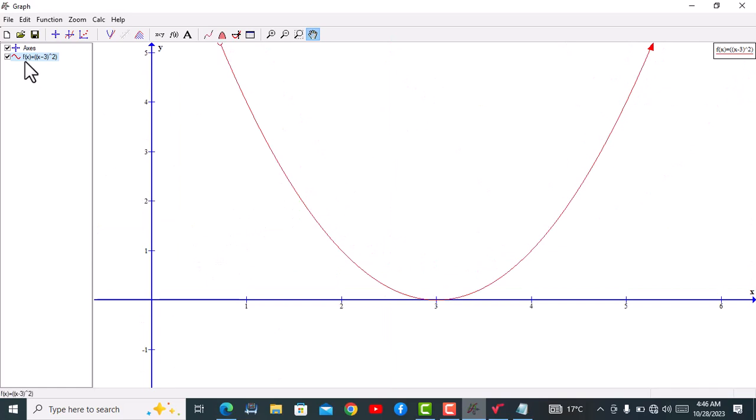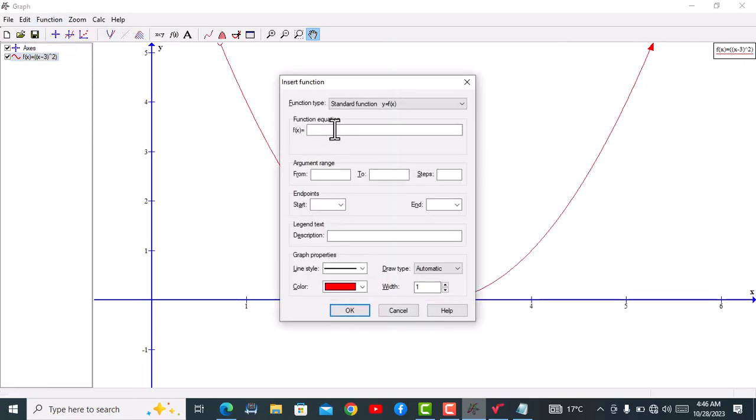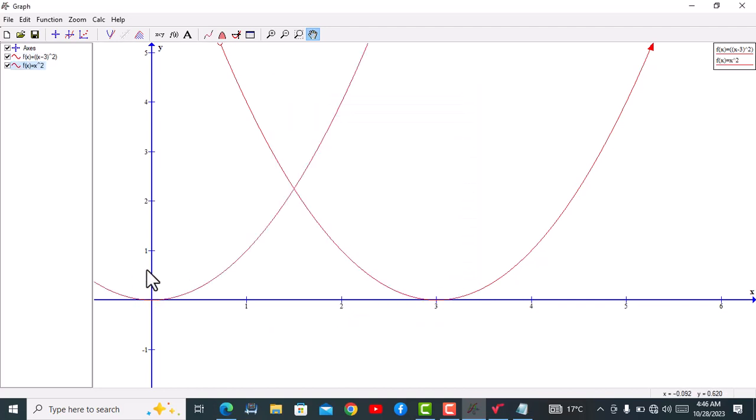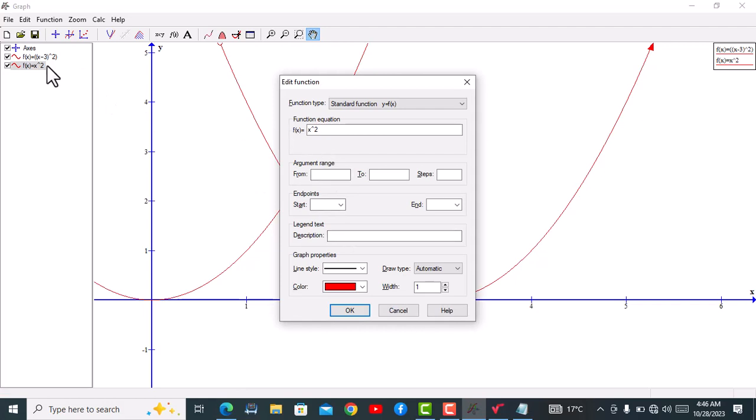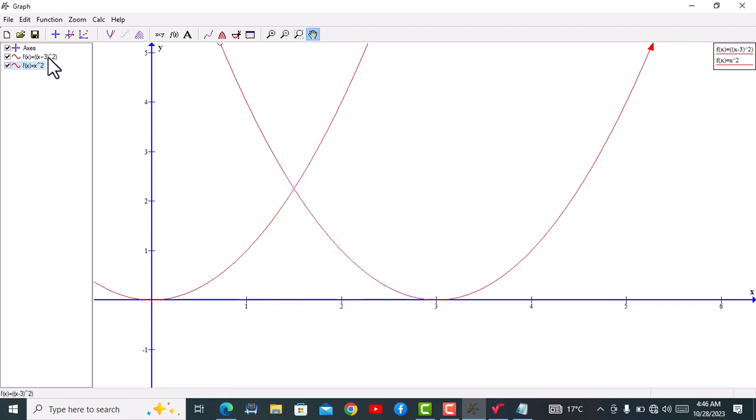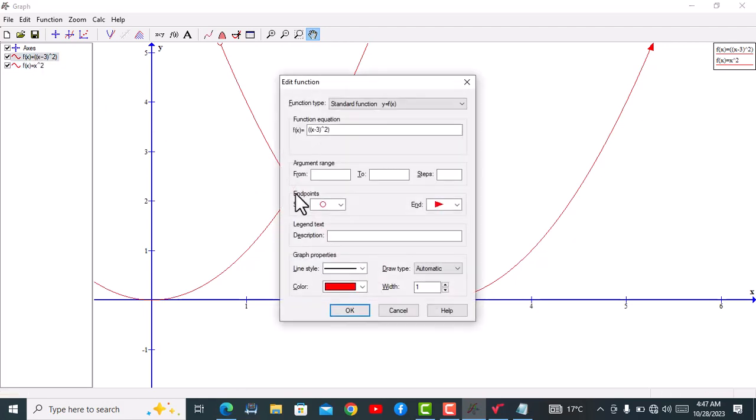Now I want you to be aware of something. Let me draw the original graph so that you can see exactly what I have done here. x squared. Here we are. So here was the graph, and the graph was shifted 3 units to the right. And how did I do that? Sorry, not this one, that one.